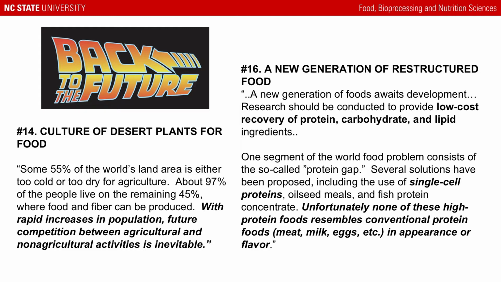So, culture of desert plants for food. So what are we trying to do now? Well, now we're trying to make the plants that grow in our normal climates adjust to climate change, right? So same type of concept, but what they're saying here is, well, maybe we're going to expand our agricultural land by growing things in the desert and eating that. Kind of an interesting approach. Okay?